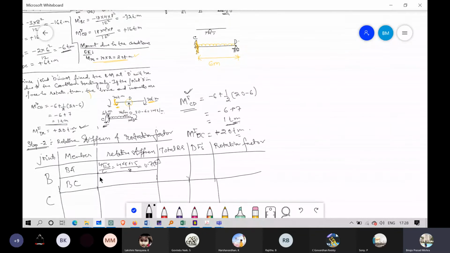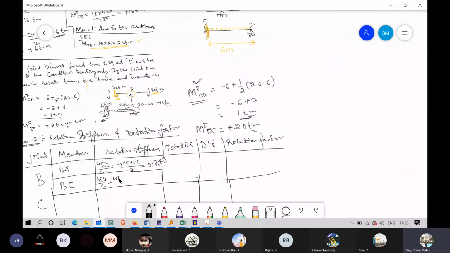Since end C is a continuous end, again it is 4EI by L, so it is 4 into E into I, which is 2I, by how much is L? L is 12 meters, so it is coming as 0.67 EI.